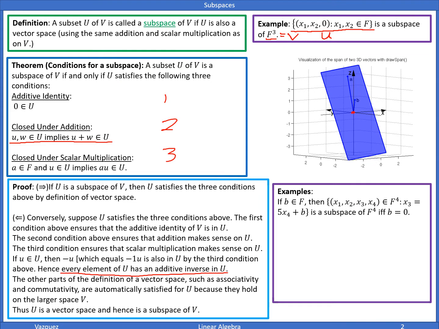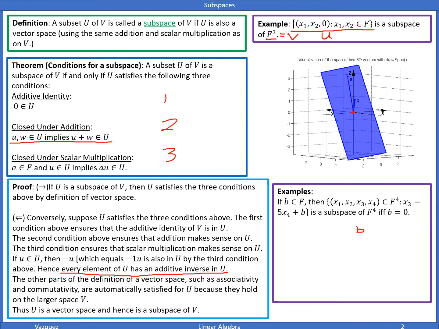This set where x3 is always equal to 5 times x4 plus b is a subspace of F^4 if and only if b is 0. Only if this holds, right? We can't have any other number for b. We can't have 4. And it's a good exercise to verify that on your own.